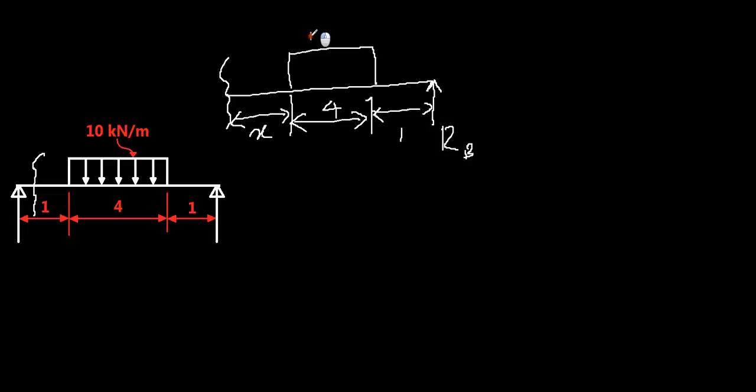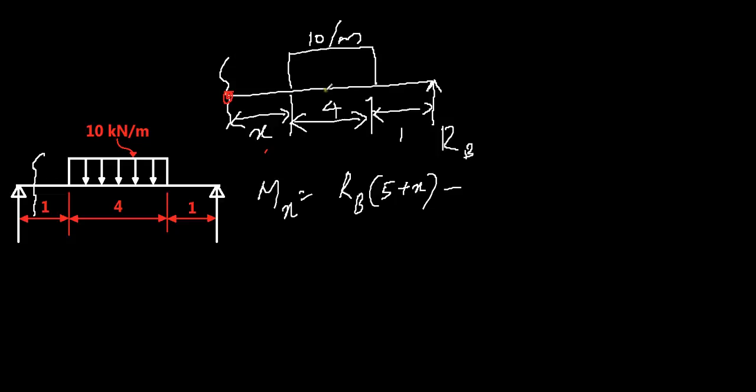Now the moment about x. Again, always you take the moment about this section here. So moment about that point is Rb acting at 5 plus x. So Rb times 5 plus x minus 10 kilonewton per meter acting over a span of 4, that is 40 kilonewton acting at the midspan as a point load.